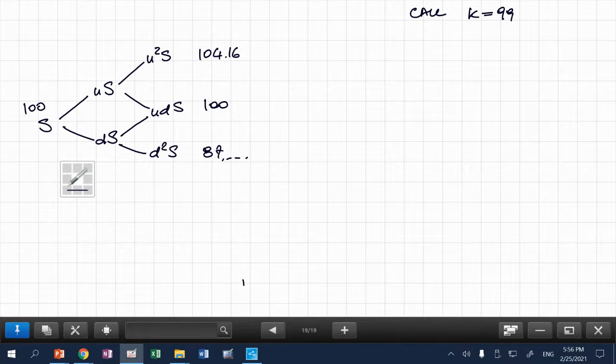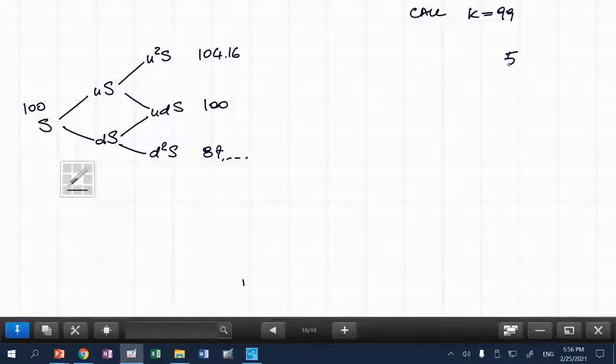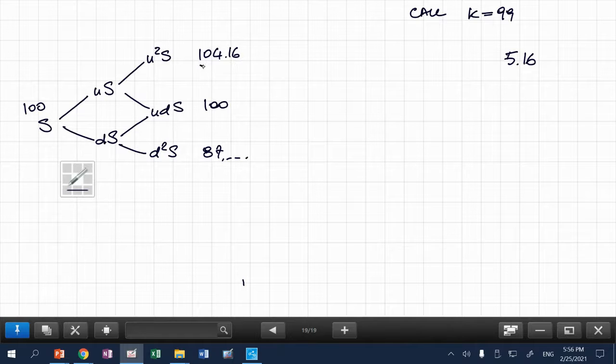You start from the final value, because given the price of the underlying, I can tell easily what's going to be the value of the option at maturity. It's going to be 5.16 if the final price is 104.16. If the final price of the underlying is 100 and the strike is 99, I exercise and I get 1. If the final price is below 99, I get 0. Okay?